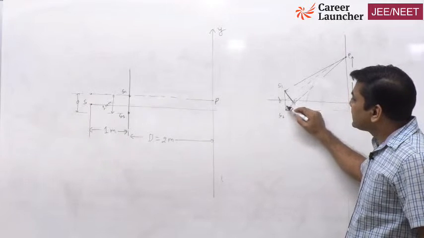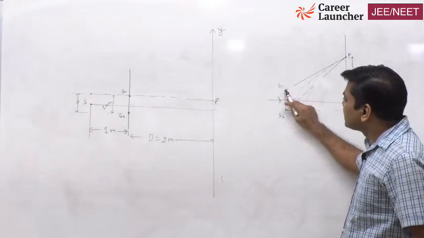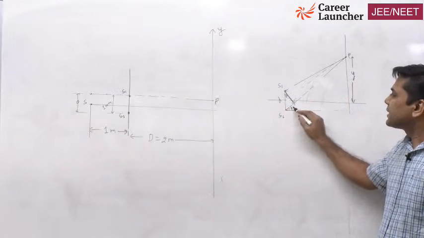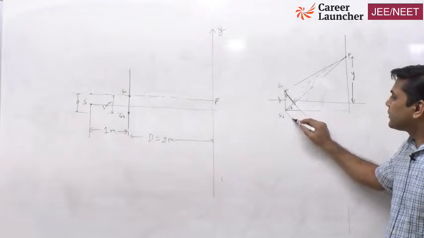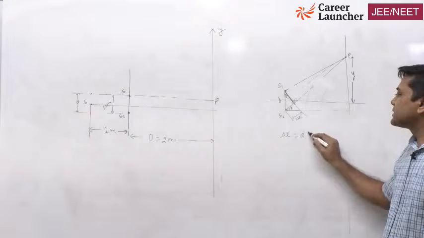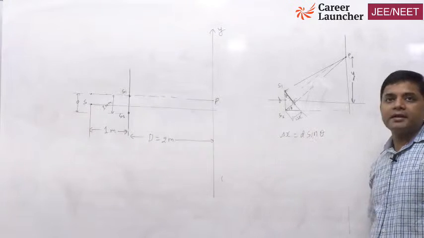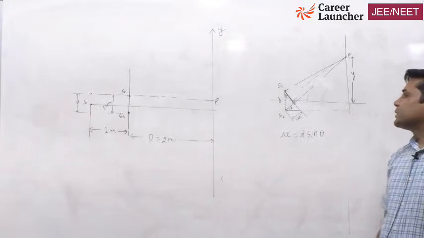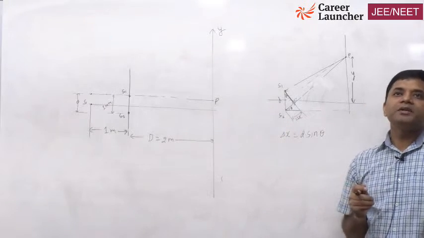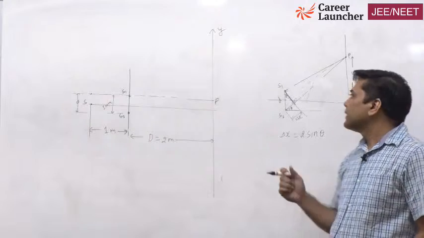This is 90 degree, so this will be theta. In this case, this is D, so delta x, the path difference, will be D sin theta. Correct? You should quickly memorize this formula: the path difference is given by D sin theta.